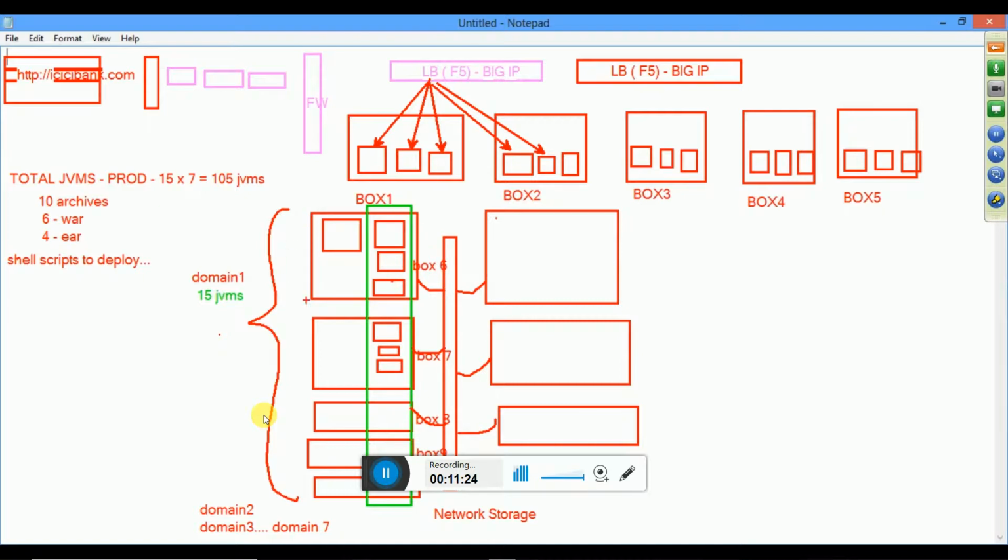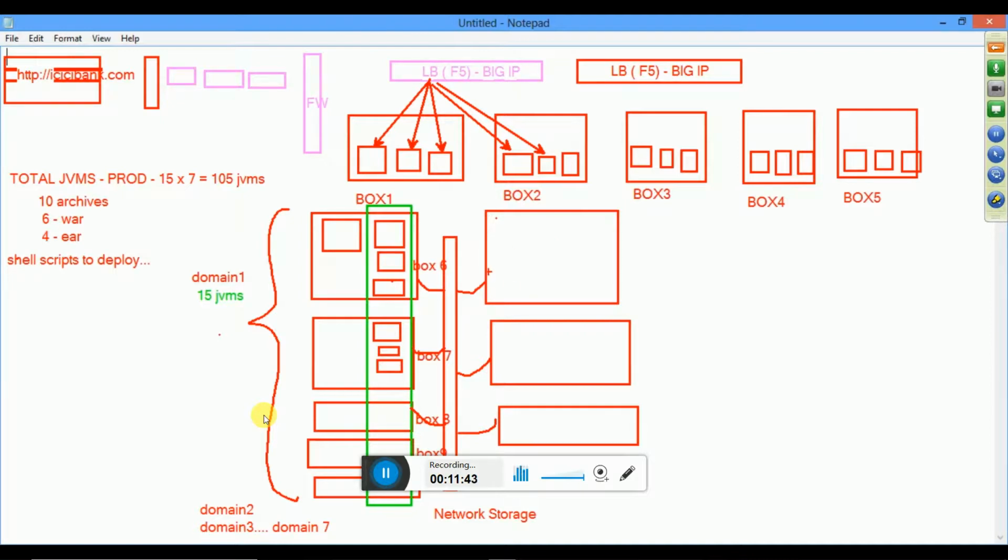So if this box failed because of whatever reasons, all that we have to do is execute startManaged.sh or startMng11.sh on this box, because the same file system is visible on this box also.